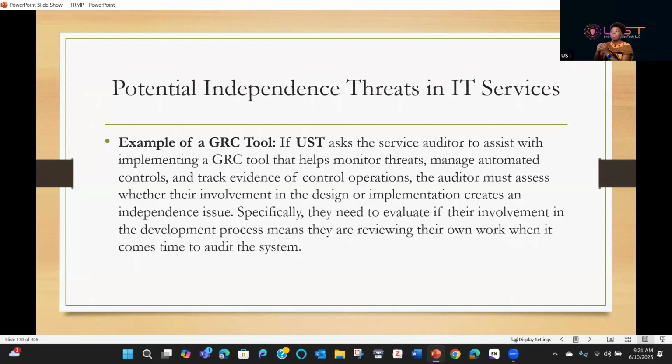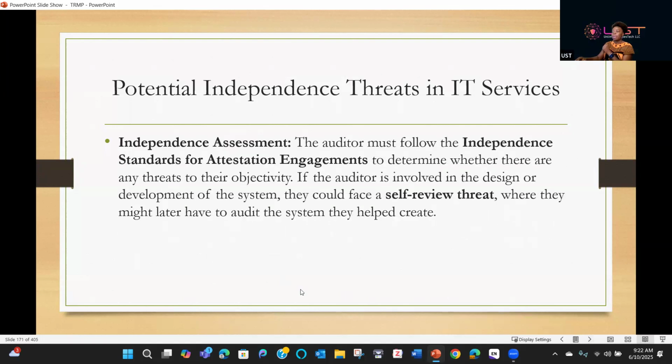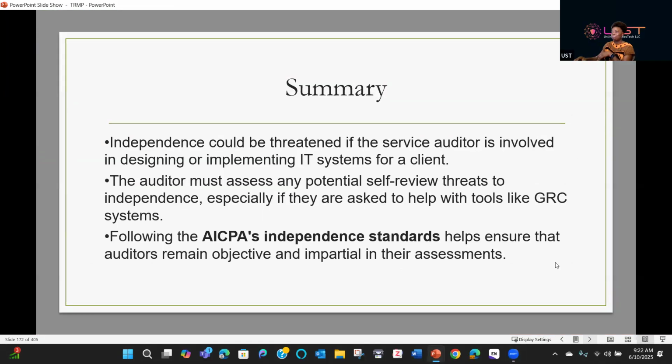Specifically, they need to evaluate if their involvement in the development process means they are reviewing their own work when it comes time for them to audit that system, right? Independence assessment: auditors must follow the independence standards for attestation engagements to determine whether there are any threats to their objectivity. If the auditor is involved in the design or development of the system, they could face a self-review threat, right? Where they might later have to audit the system they helped create. So again, that's something to consider.